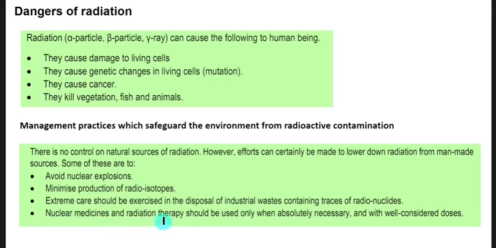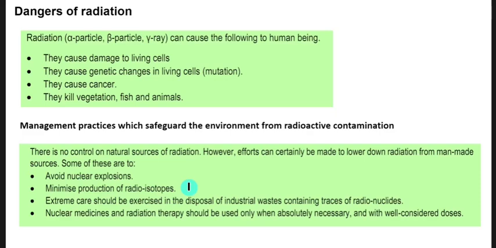Then 4, nuclear medicines and radiation therapy should be used only when absolutely necessary and with well considered doses. So for example, when a person is suffering from cancer, they need to kill those cancer cells, then what should happen is they should take much care. They shouldn't expose the person to high doses of radiation.